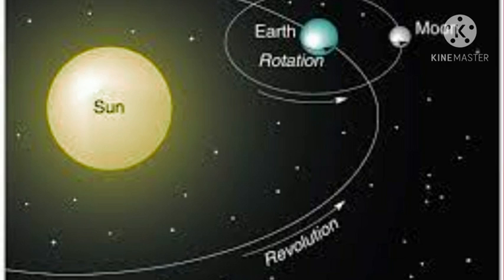So the rotation of the earth, revolution of the earth, and pendulum are all called periodic motion because they take the same time for to and fro motion, taking fixed intervals of time to move from their rest position.